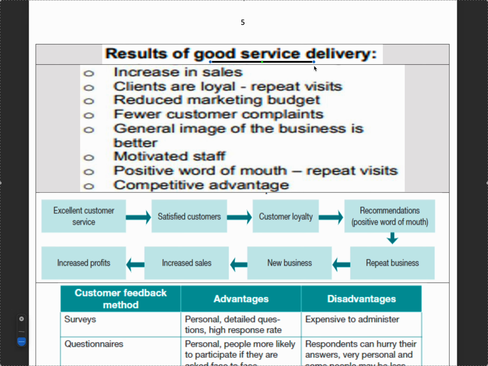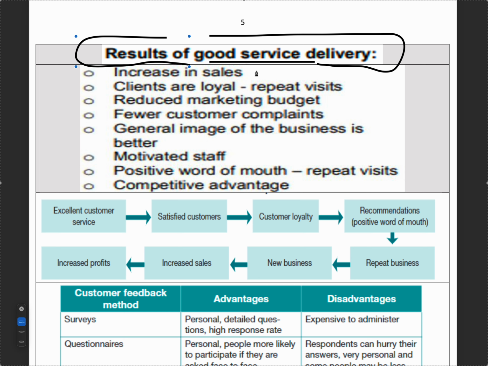This one is very important, guys, because it tells us what happens to the business when service is good. When the service is good, there is an increase in sales: people will come because they like your service. The increase in sales can be caused by clients being loyal, so you receive loyal customers who always come and buy.